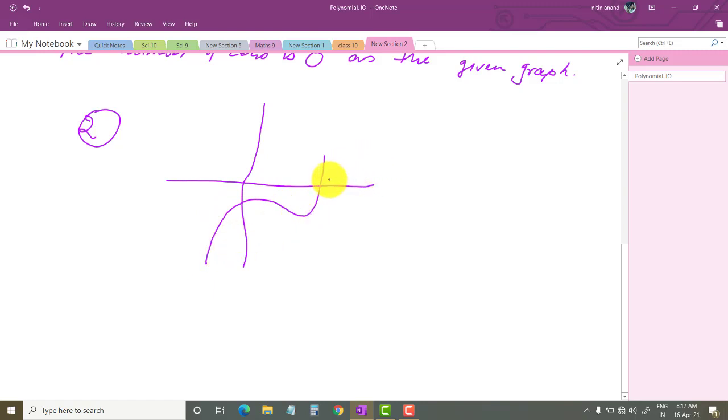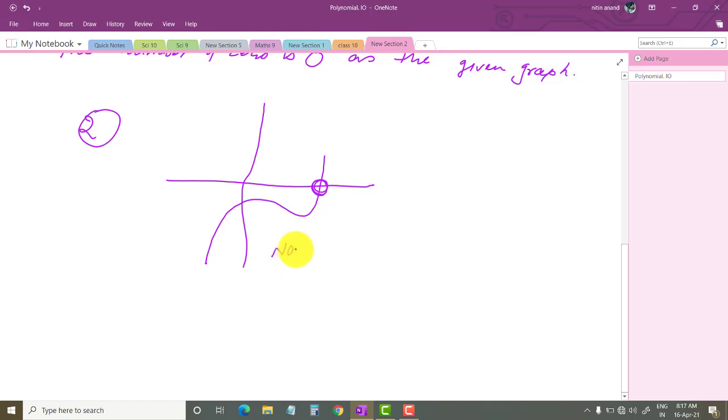Then see, how many times is the axis intersected by this graph? It is only one time. Then what will we write for the number of zeros for this graph?